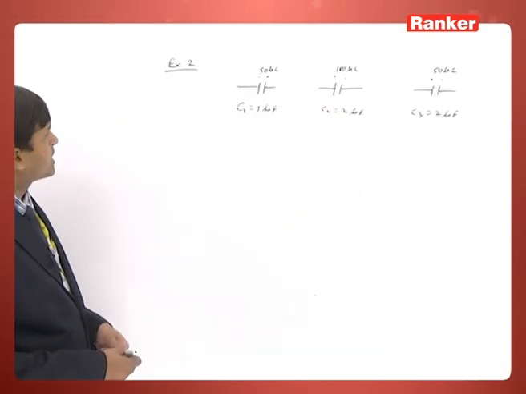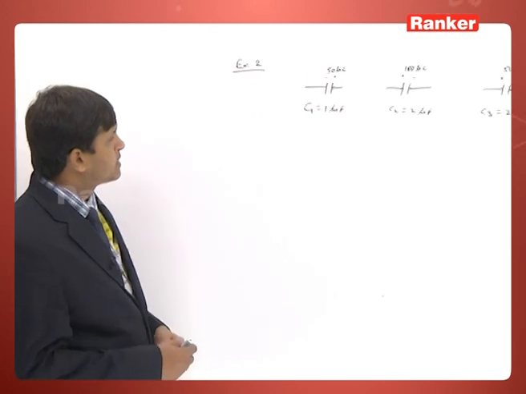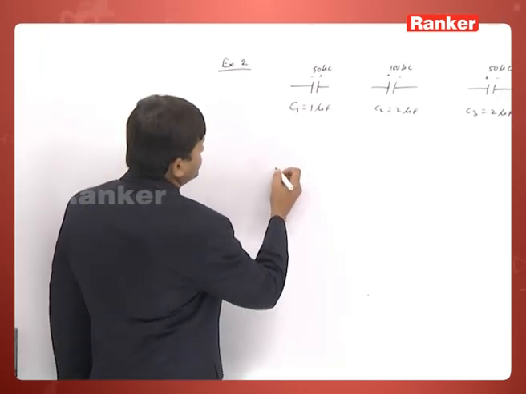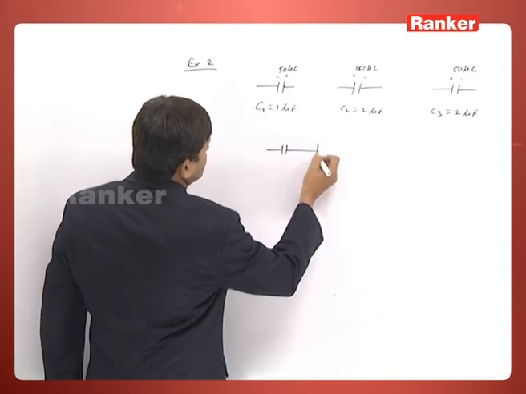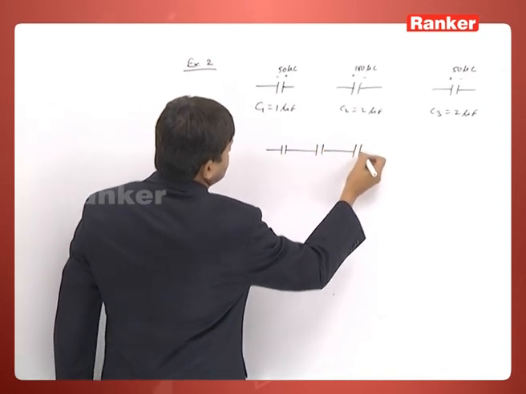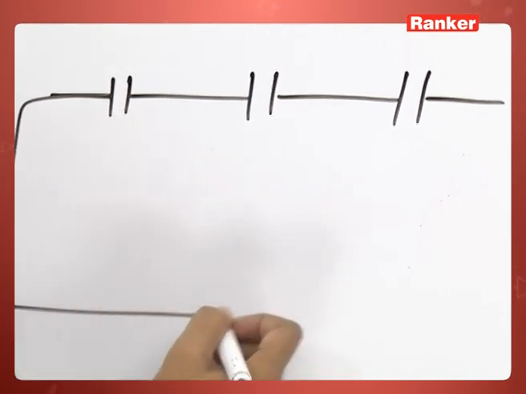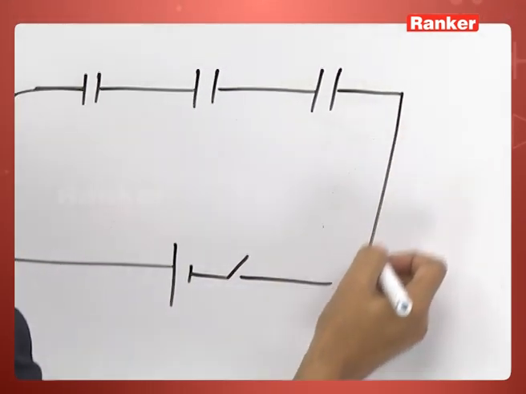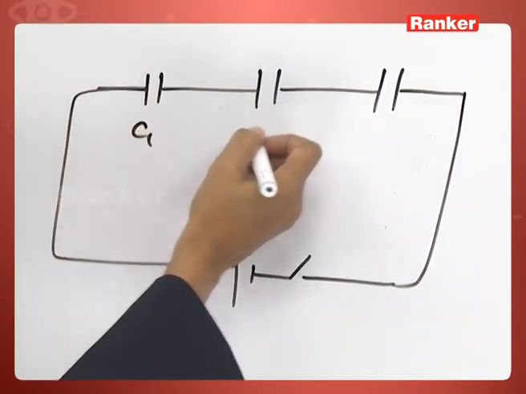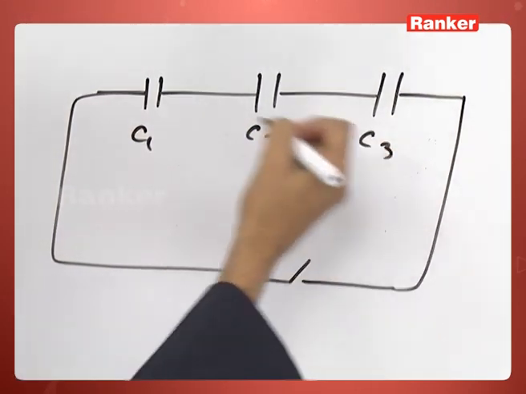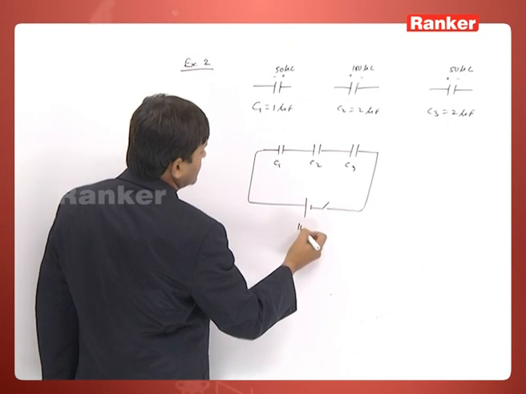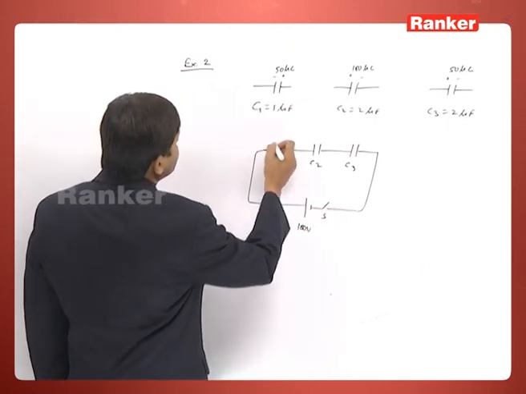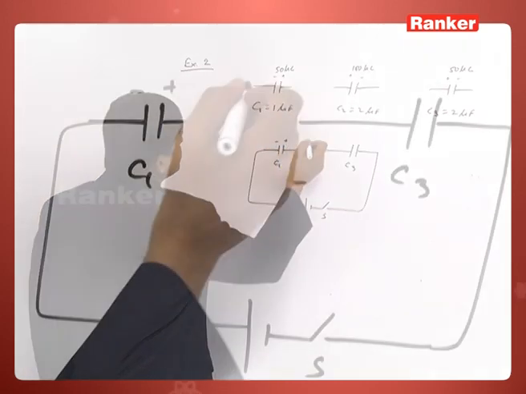Now these 3 capacitors are connected together as shown in the diagram. See, let these 3 be connected together with a cell, and these are connected like this.